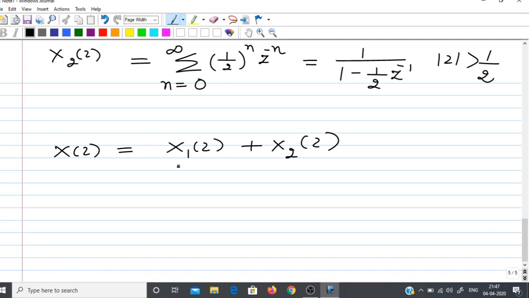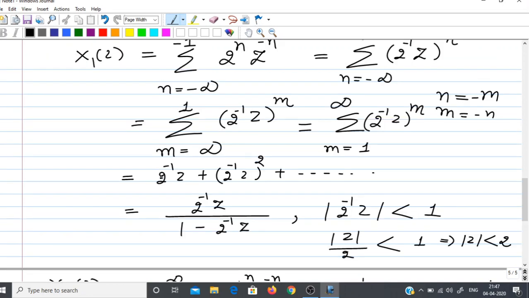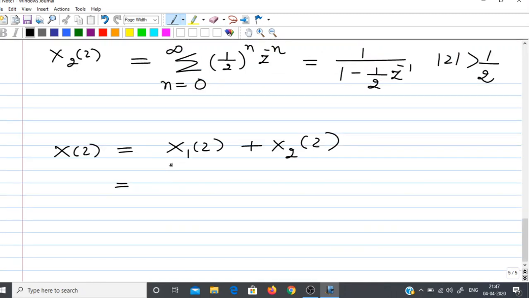Now, this x1(z) that we obtained is 2 inverse z upon 1 minus 2 inverse z.